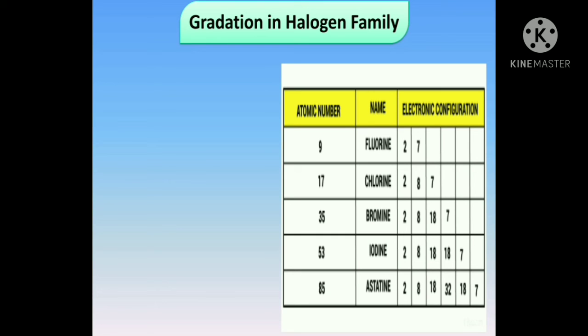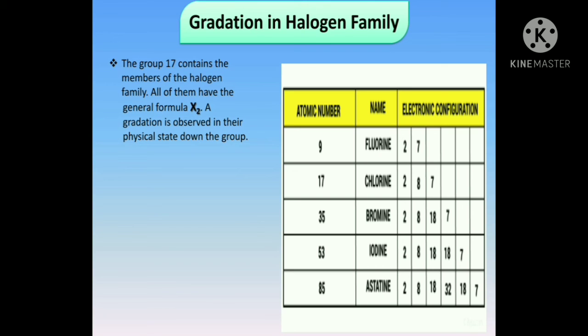For example, fluorine, chlorine, bromine, iodine and astatine. All of them have the general formula X2. That is, fluorine is written as F2, chlorine as Cl2, bromine as Br2 and so on.